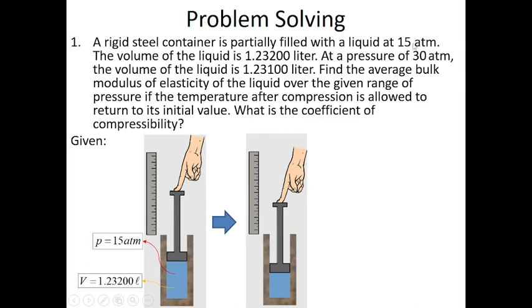If you don't compress it, the pressure will not increase. So, we label P prime as the new pressure. The volume of the liquid is 1.231 liters. So, the volume decreased: the pressure increased, the volume decreased. That's natural. Find the average bulk modulus of elasticity. So, we are looking for the average bulk modulus of elasticity.